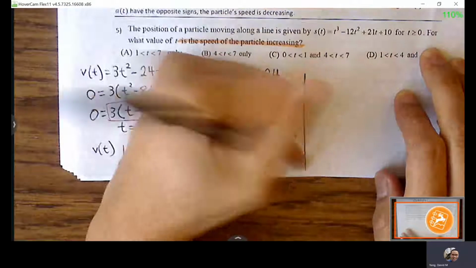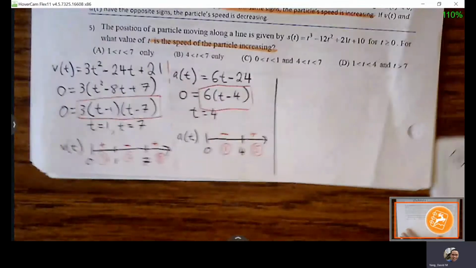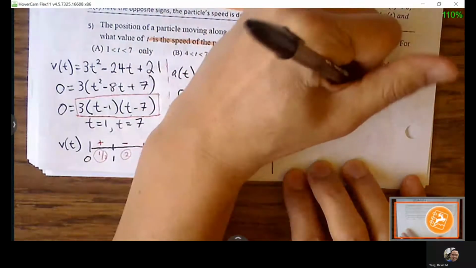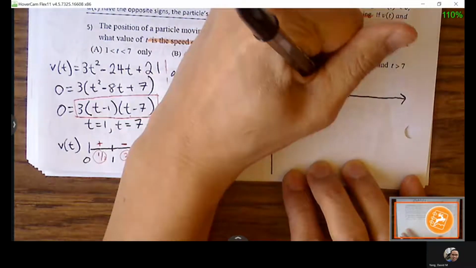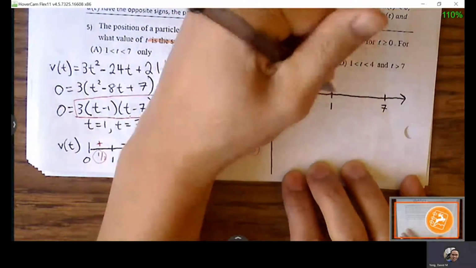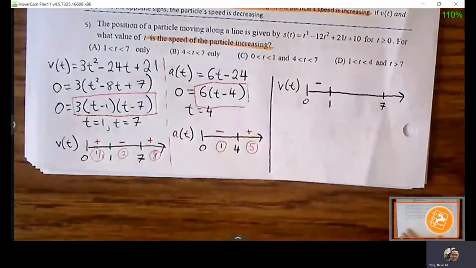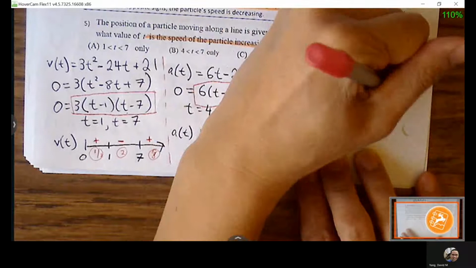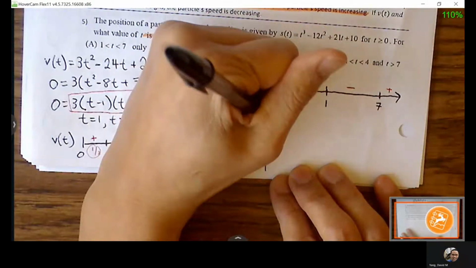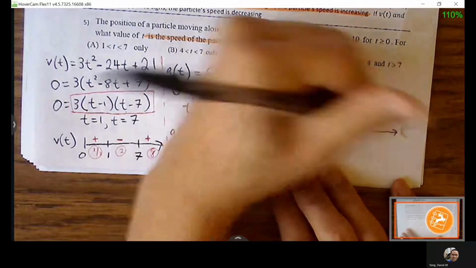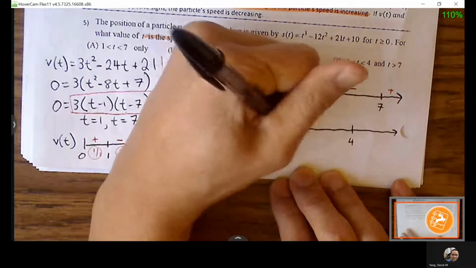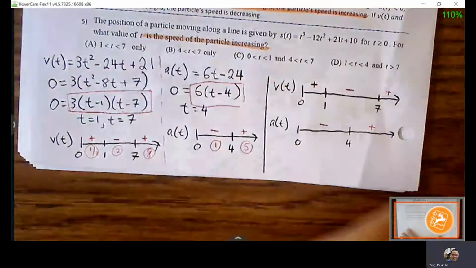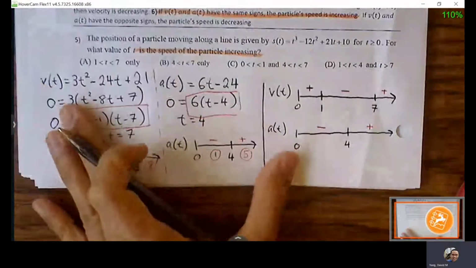So I'm going to line everything up so it's easier to visualize here. Okay, so we're looking for same signs.